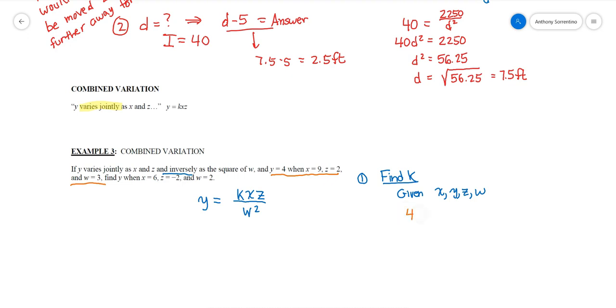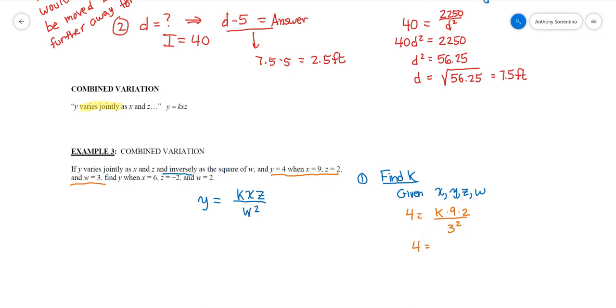So when I'm at this stage here, I can say, okay, well, according to this, I'm going to have 4 equals k times 9 times 2 over 3 squared. And it would be a good idea for me to simplify that right-hand side a bit. It can actually save me on some work.